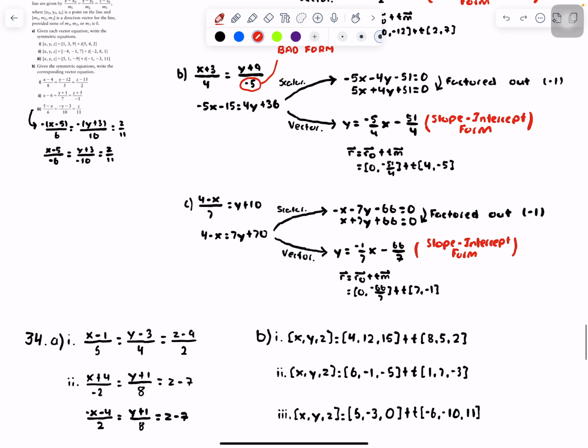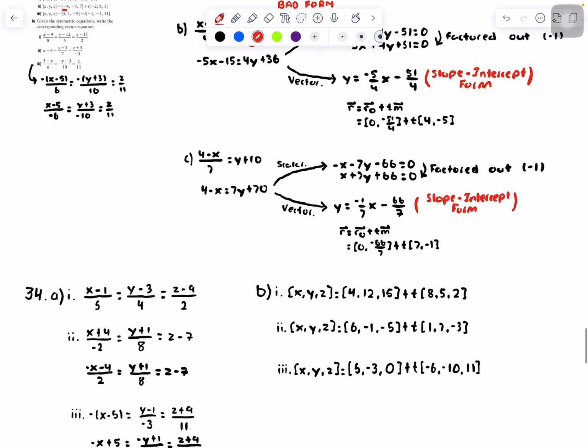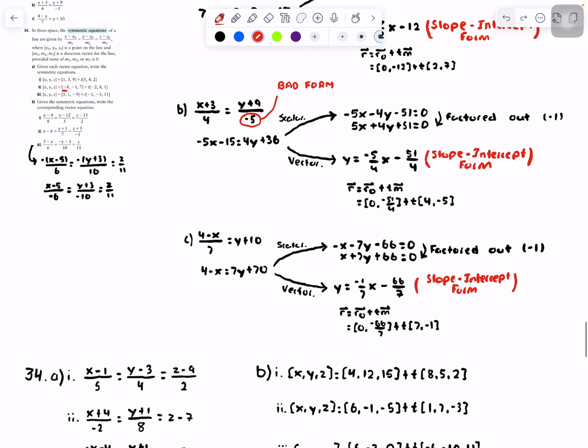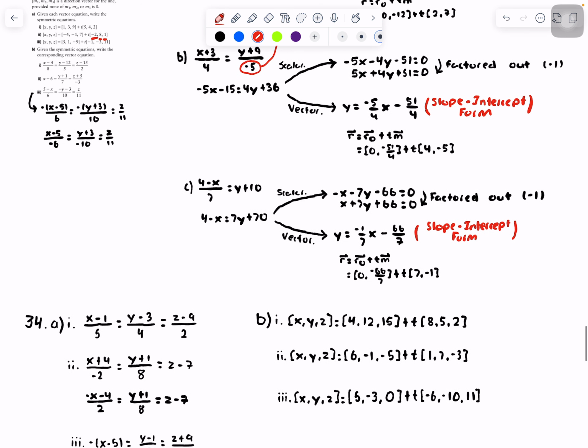Same deal for Roman numeral 2. In this case, we have negative 4, so it's going to be x minus negative 4, which is the same as x plus 4. Y plus 1, z minus 7. And then again, I divide by the components of my direction vector for each one respectively.